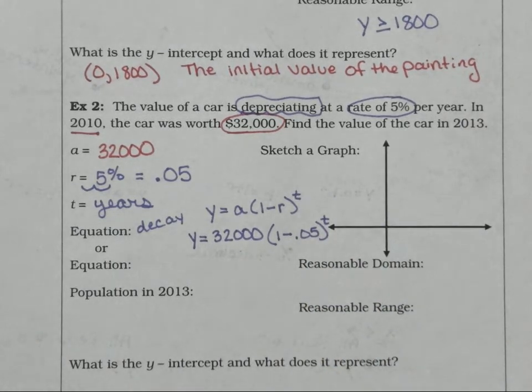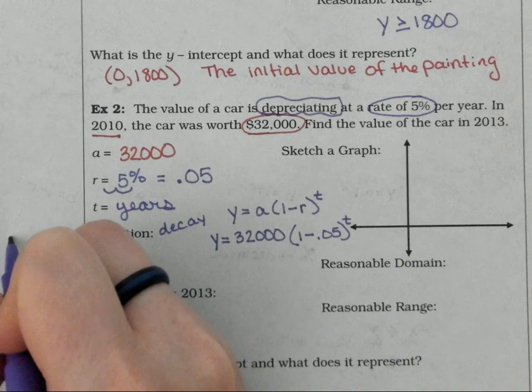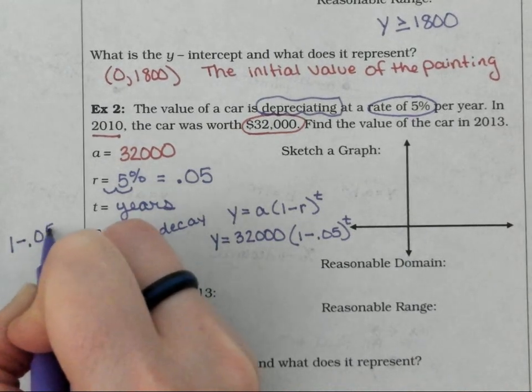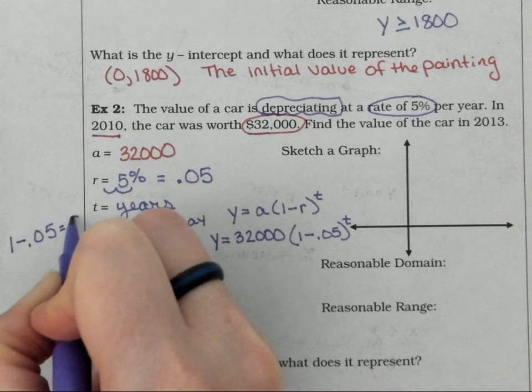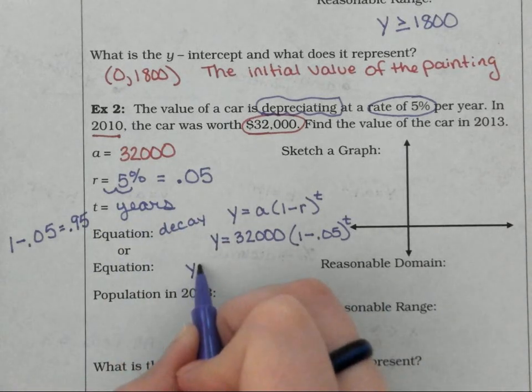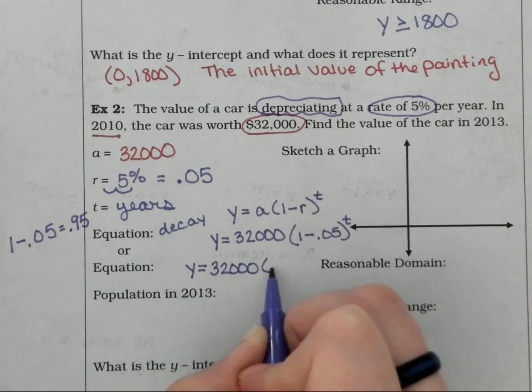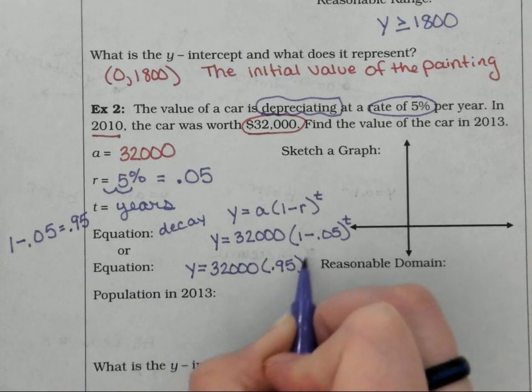And then to write it a second way, we just figure out what this part equals. So if I were to say 1 minus 0.05, that equals 0.95. And so my second equation would be y equals 32,000 times 0.95 to the power of t.